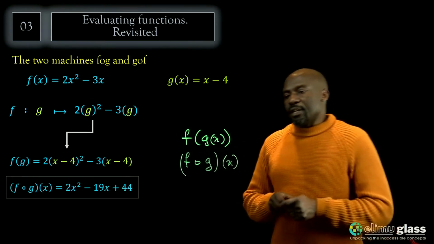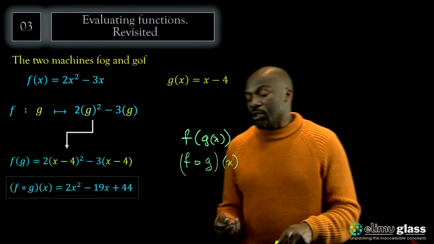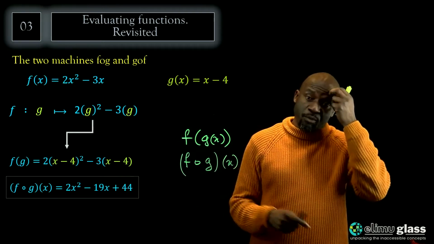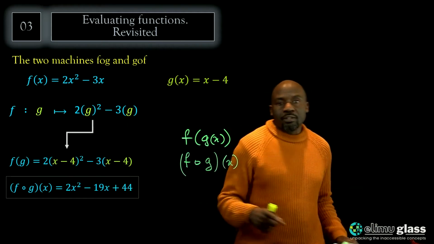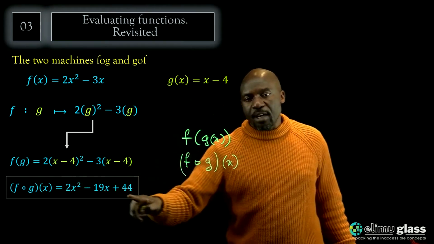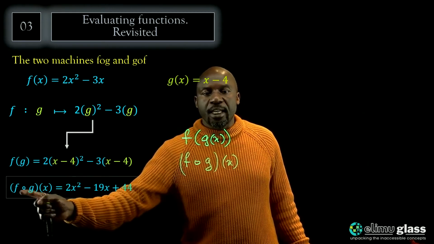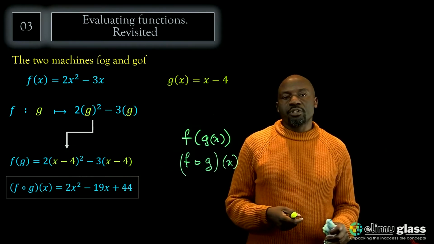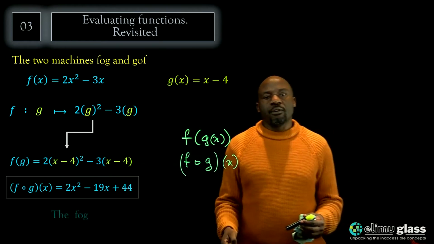This is probably to differentiate it from other operations on functions, like when they are added or multiplied, which is different from the composite function itself. And so we write f of g of x is given by this. It means that we are feeding g of x inside f. This is the composite function that we normally refer to as the fog, F-O-G.